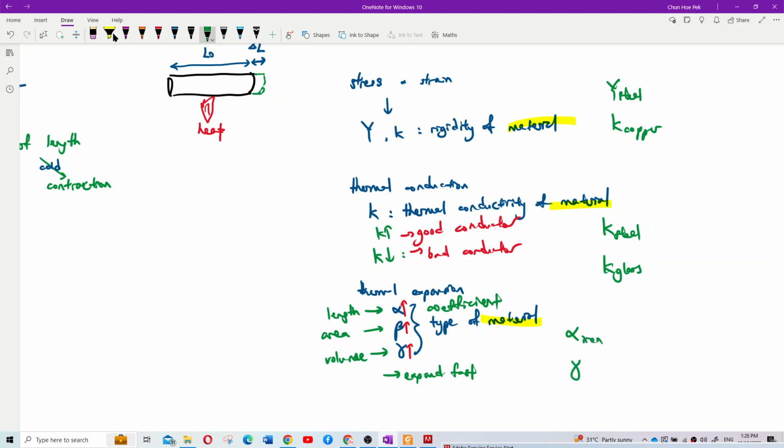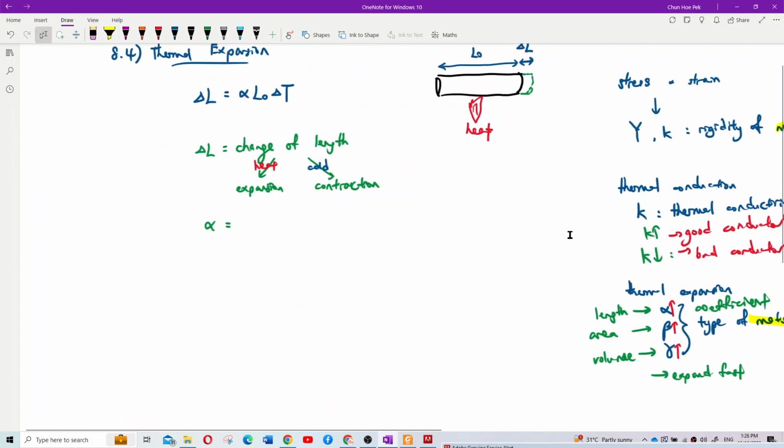I have a gamma for petrol, maybe gamma of oil. They depend on the type of material. So all different materials have different values of all these quantities. Understand? Okay.